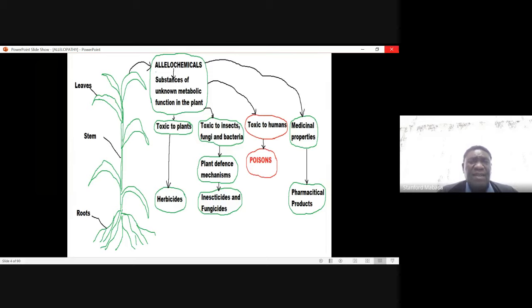Now, if we take a plant, we can divide it into 3 parts for convenience. We've got leaves, stem, and the roots. You may be interested to know that plants contain chemicals, which are known as the allelochemicals.